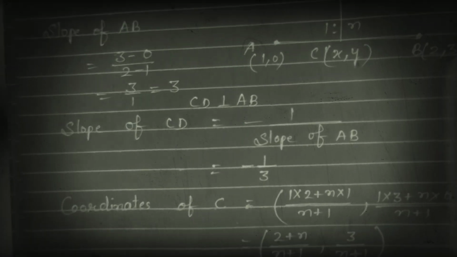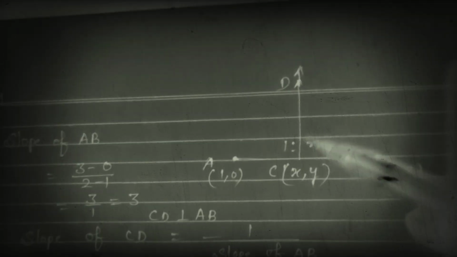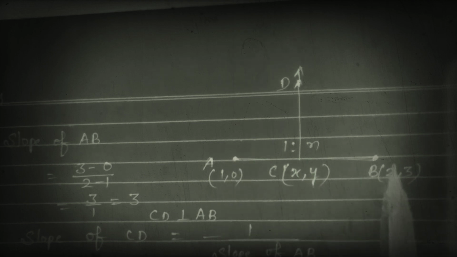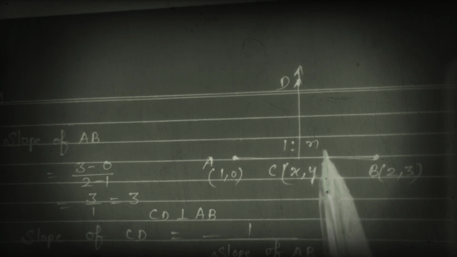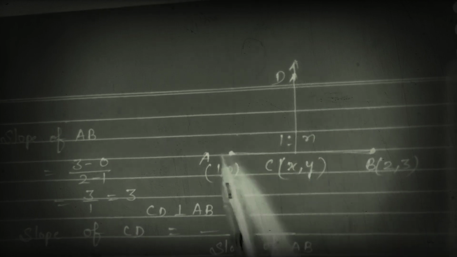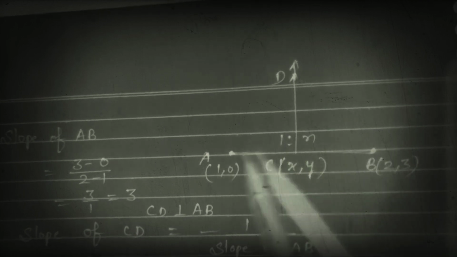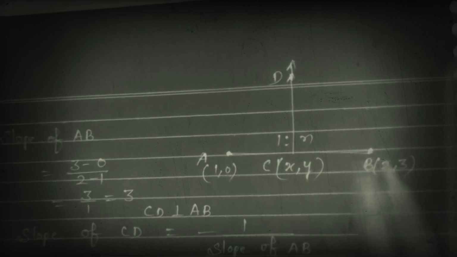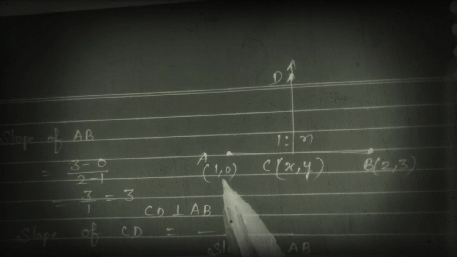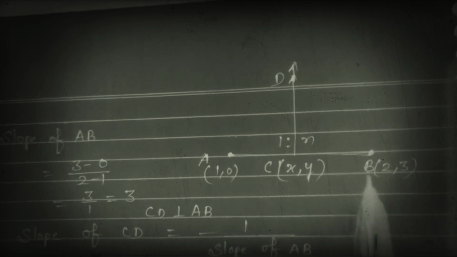Here one line, this is one line which is perpendicular on another line and it divides this line segment in the ratio 1:n. This line is perpendicular on this line segment passing through 1, 0 and 2, 3. Line segment whose points are 1, 0 and 2, 3.